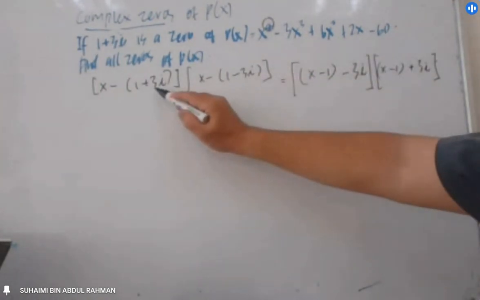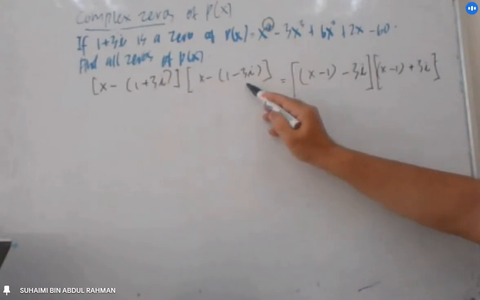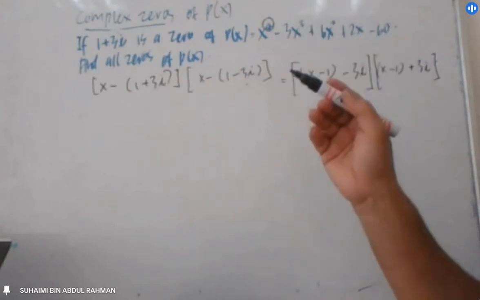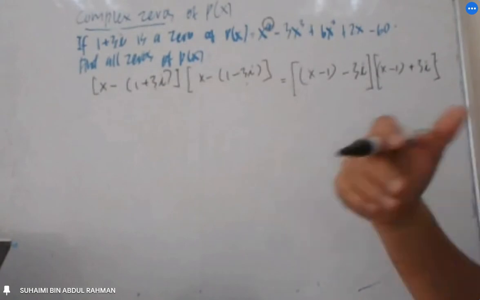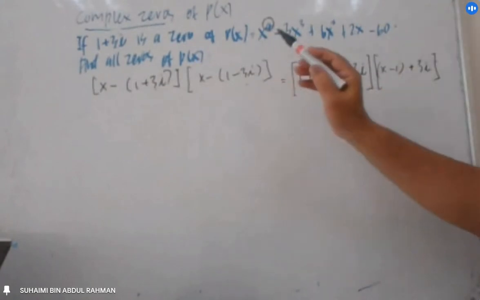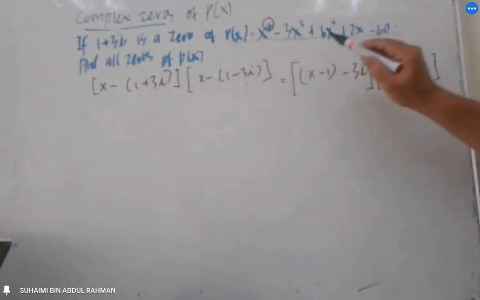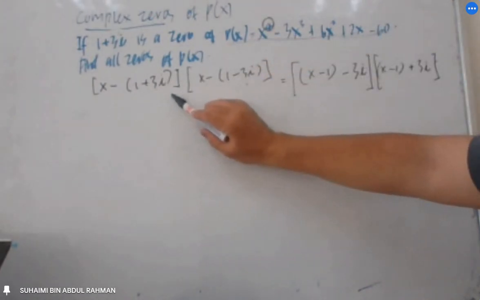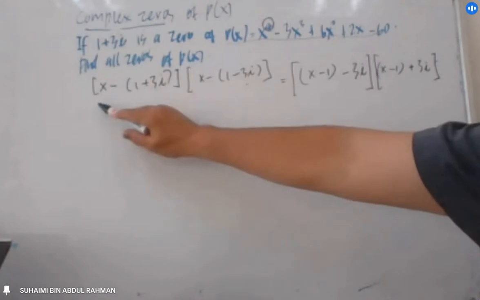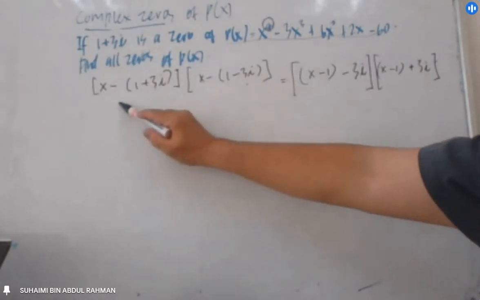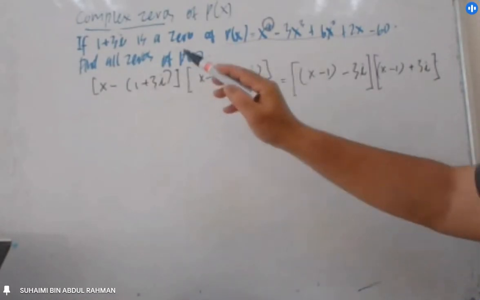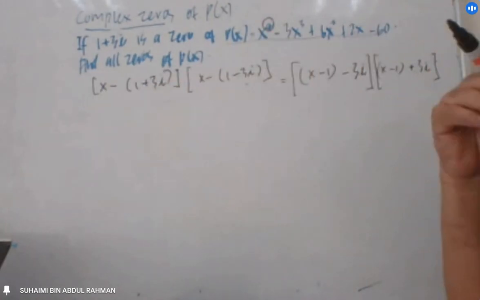Two zeros we already have. We want to know another two zeros. And in the process of finding two more zeros, we need to divide our polynomial by this small polynomial. The small polynomial we can obtain by substituting the zeros.